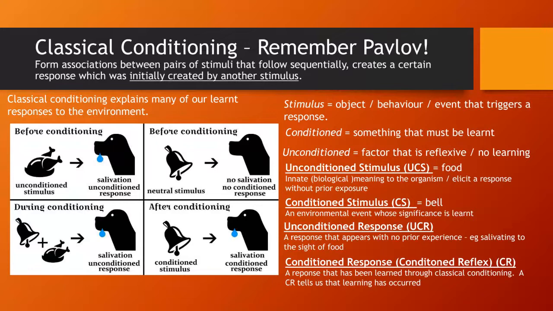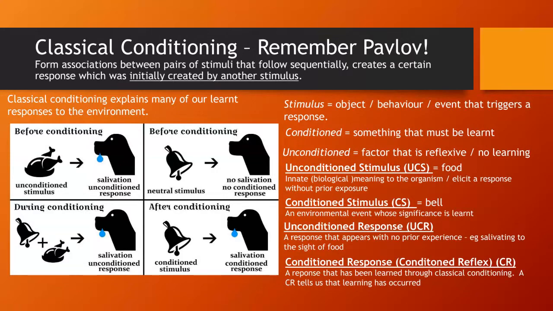The first thing that happens, and this is just a very simple picture of Pavlov's conditioning process, and I'm aware of the fact that he didn't end up using the bell, but the bell is just a simple way of explaining it. Before anything happens, in the top left-hand corner, a chicken or food gets presented to a dog. It's an unconditioned stimulus. The dog has not been conditioned to react to that.